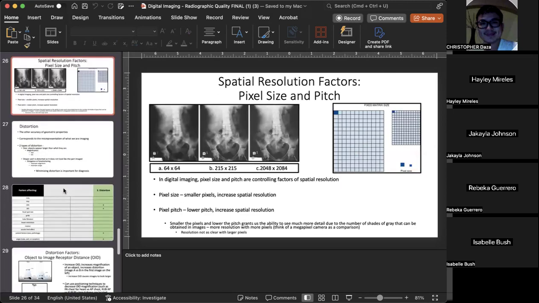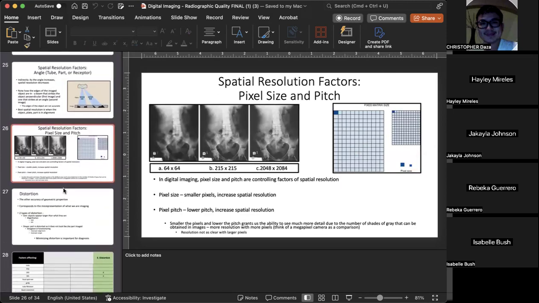Another one that we talk about is going to be the pixel size and pitch. It wasn't on that graph, but it's important to note that in digital imaging, pixel size is important and pitch. Smaller pixels, lower pitch, both of those things increase spatial resolution. Okay. Again, we have the image that we talked about in the previous class showcasing why.